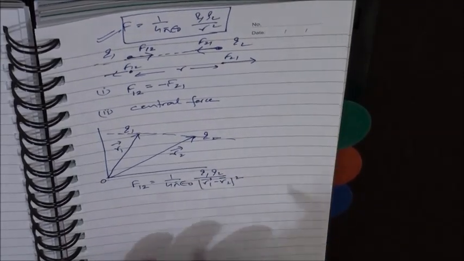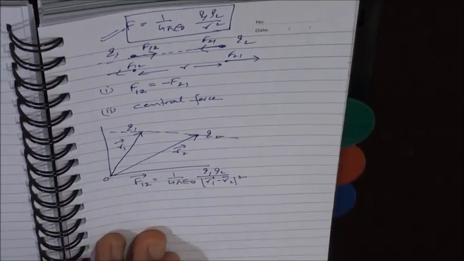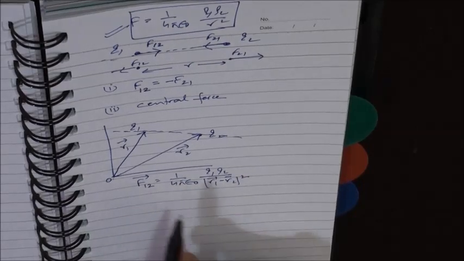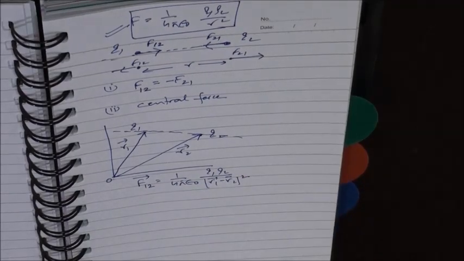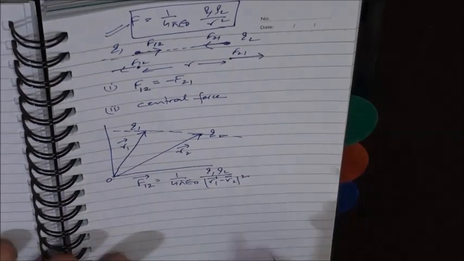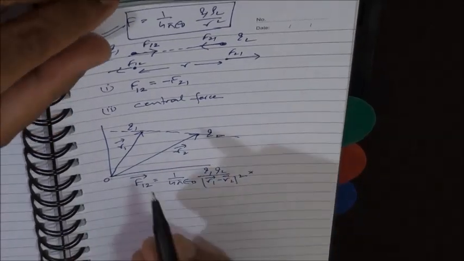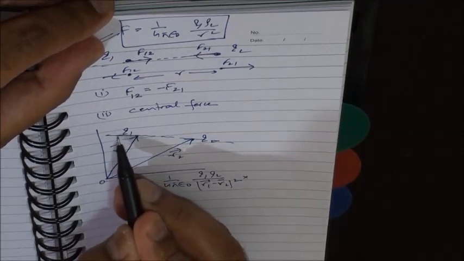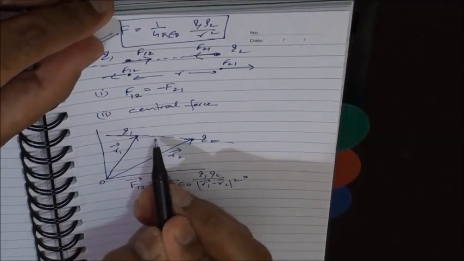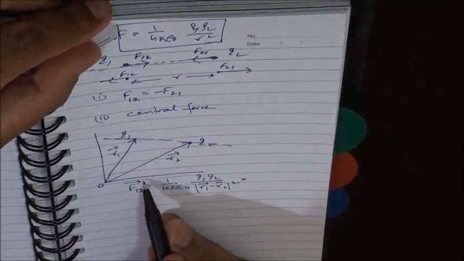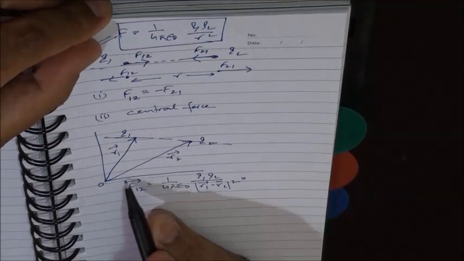square. But if I am writing the vector form, force is a vector quantity and the right hand side so far is scalar. So I need to multiply it by a direction. This is the force acting, if it is repulsive in this direction, attractive in this direction. So I need to give a direction to this force.